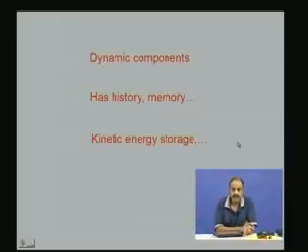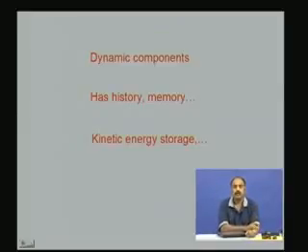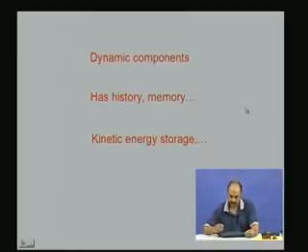Like the capacitors, the inductors are also dynamic components, meaning they can store the state. In this case, the flow would be the current, and it can have a memory. Like the capacitor had voltage as the memory, it can have current as the memory or the history. So, it can remember the current as a state variable, and it stores of course the kinetic energy.